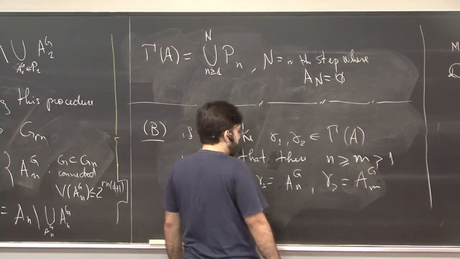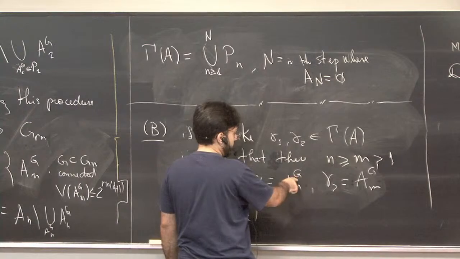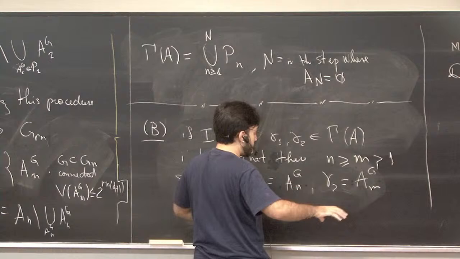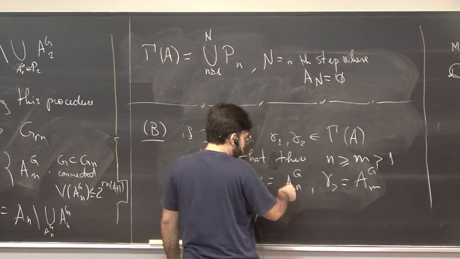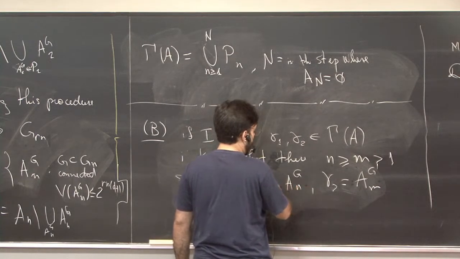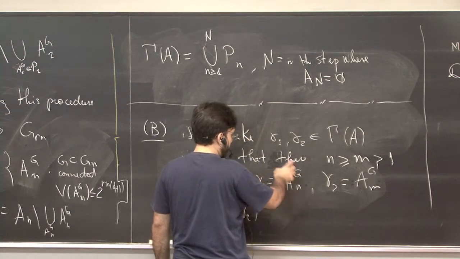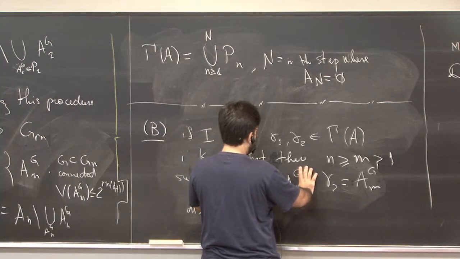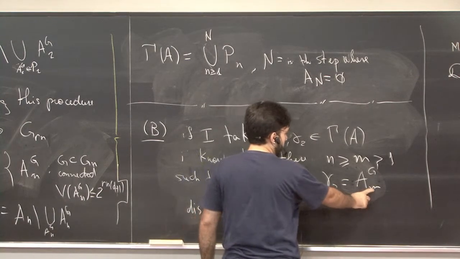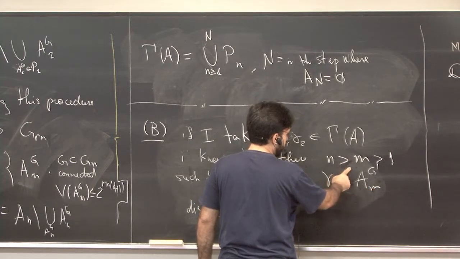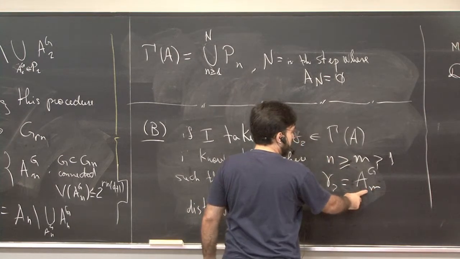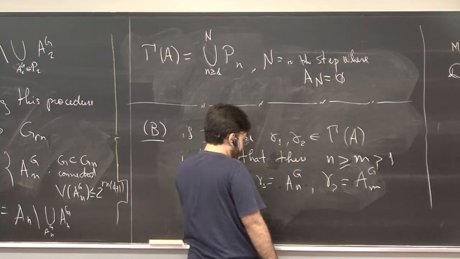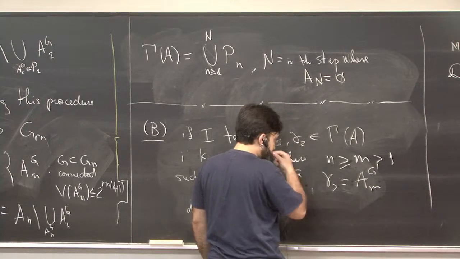So I know that, because G and G prime are graphs that live in different scales, the points that compose gamma 1 were not extracted in the scale m.